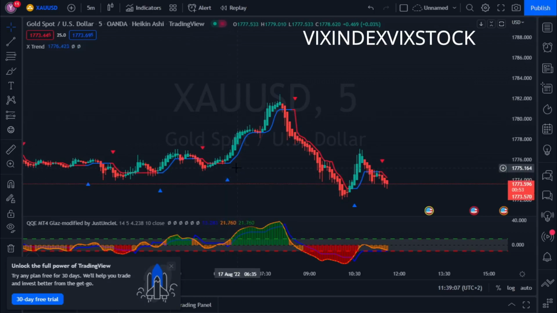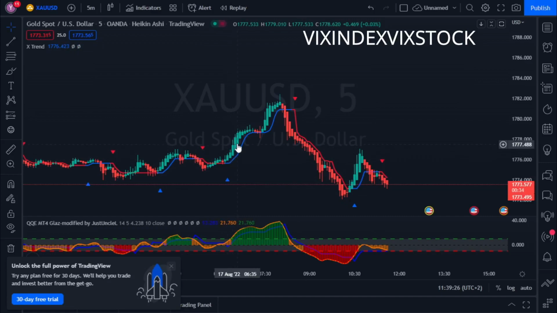So first of all, we obviously want this line to be blue. It needs to be blue or green, whatever color you set for your buys. And this arrow also needs to appear for a buy.